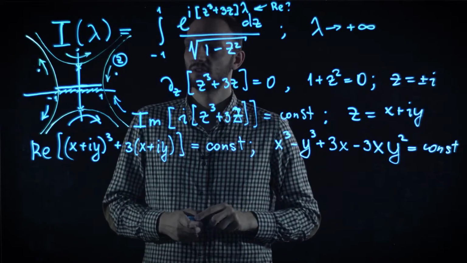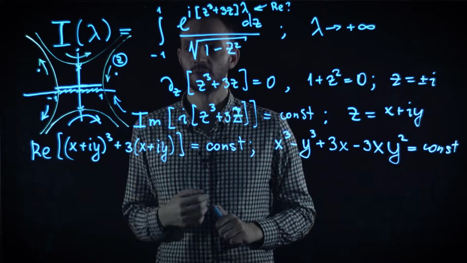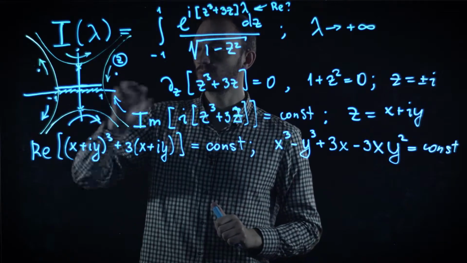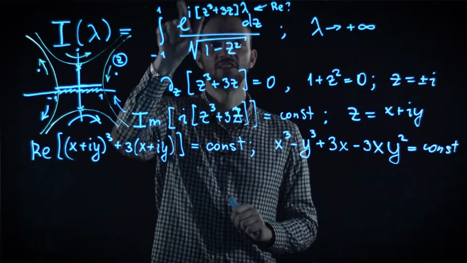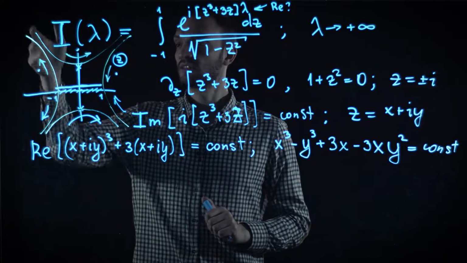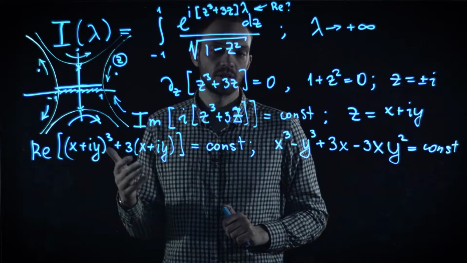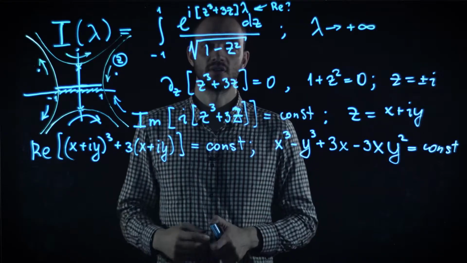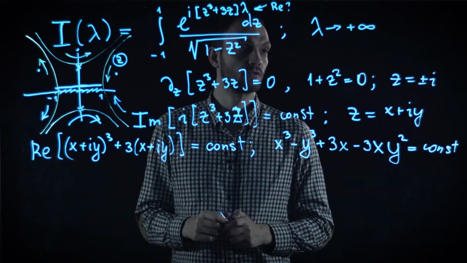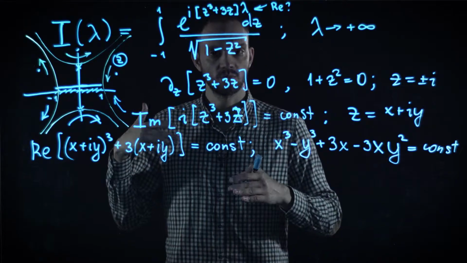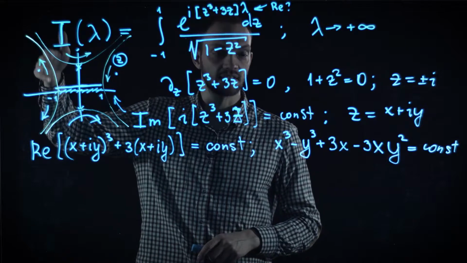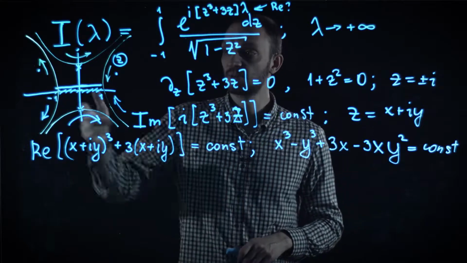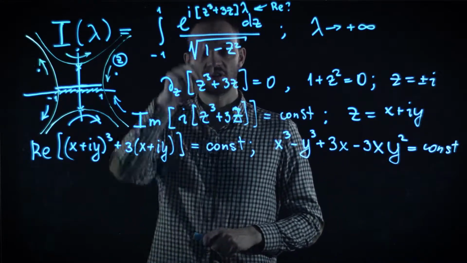And now we are coming to more or less the final point. We deformed our original integral, and remember it was highly oscillating because of this expression in the exponent, to a set of three integrals. Each of them is quite smooth and without any pathology in the limit of large lambda. And this is the greatest achievement, because it was possible since we explicitly found lines of constant imaginary part.